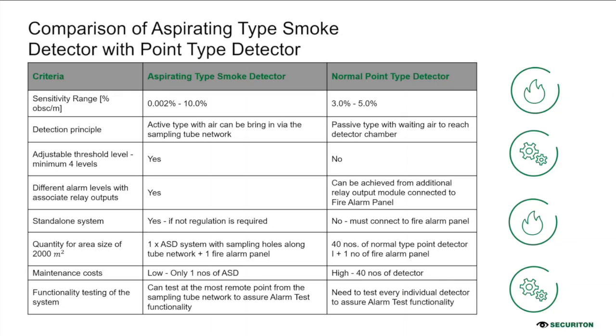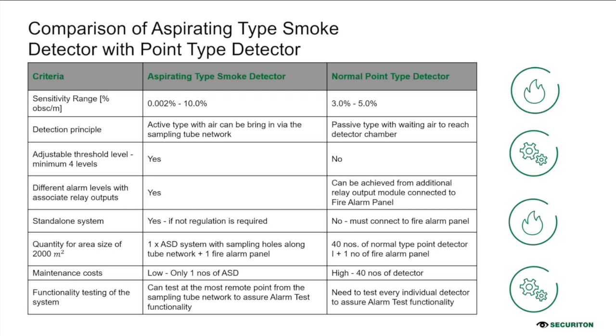Obviously, if you look into the sensitivity, it's much more sensitive. We need the earliest possible time to capture the smoke, and the earlier possible way to stop the fabrication from going on would be greater with the ASD. Why? Because we have 0.002 OBS per meter in terms of sensitivity, which is far beyond a normal point detector.